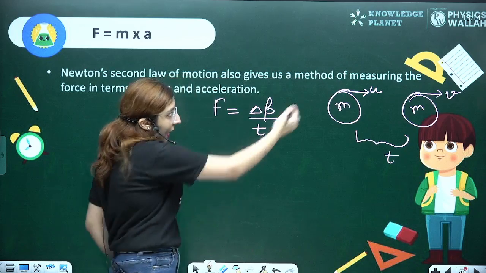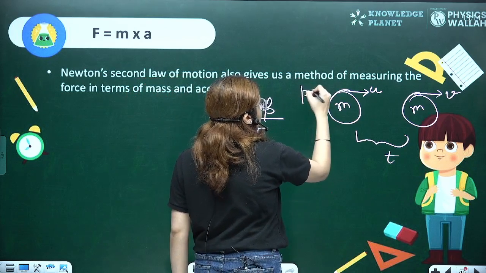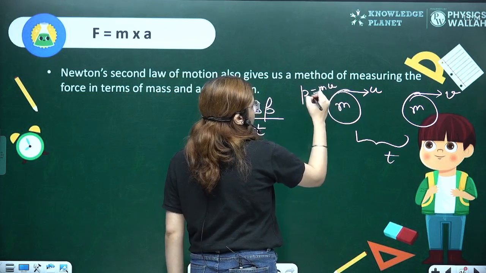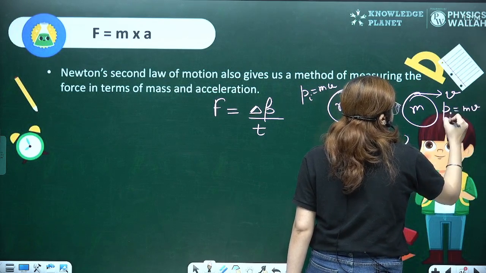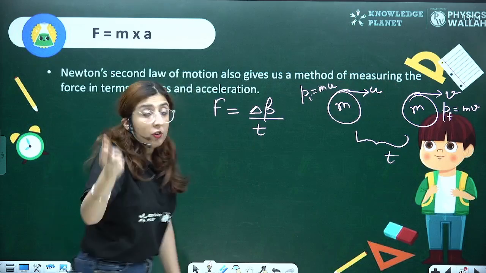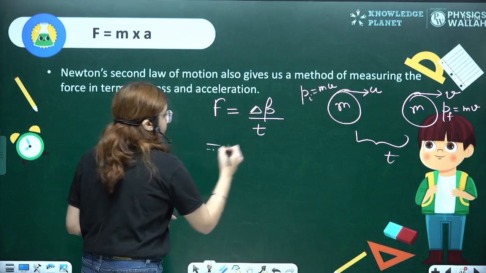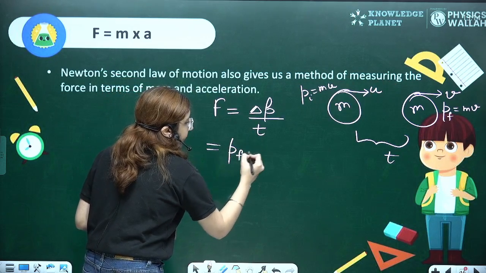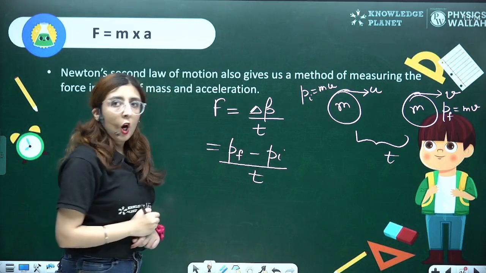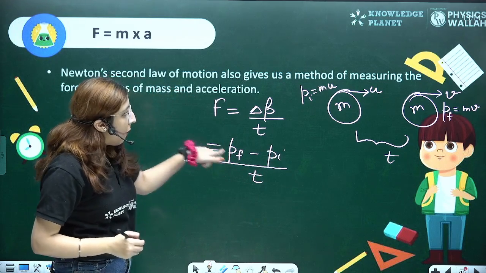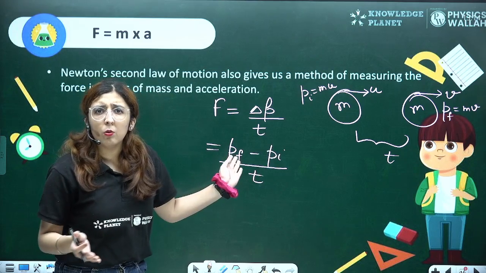Initial momentum will be mu, final momentum will be mv. Change in momentum, final minus initial, by time. In place of momentum can I write mu, mv?